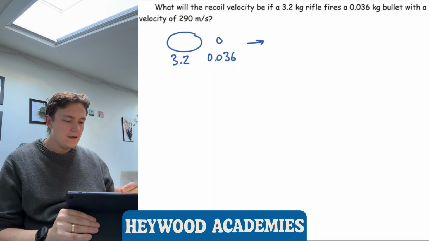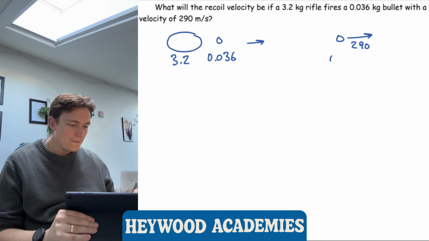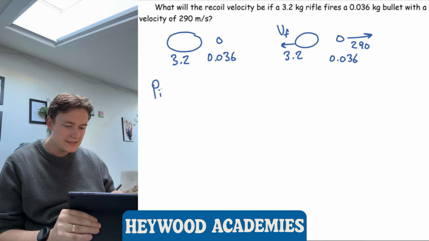Then from there, in the final situation, we will have a bullet which is moving this way at 290 meters per second. So to balance out that momentum equation, that means that our rifle is going to have to be moving the other direction. I'm going to get rid of my arrow here because I don't like it. And this is final velocity, which is unknown, and that's 3.2 kilograms. So we can start the same way we did last time. Initial is equal to final.